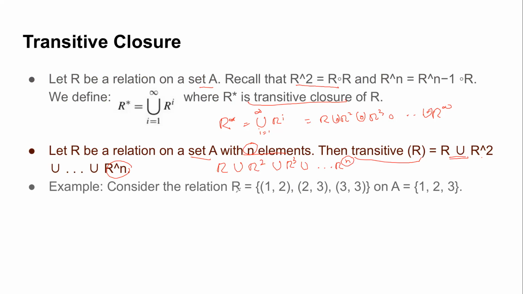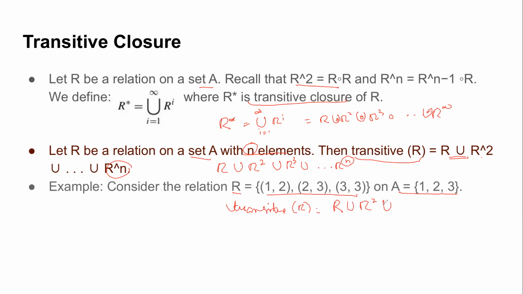Okay, now if I give you a relation R which is as follows, can you tell me how I can get the transitive closure? Before you compute that, can you tell me in terms of notation itself? It will be the union of R, R square, till what should I take the union?